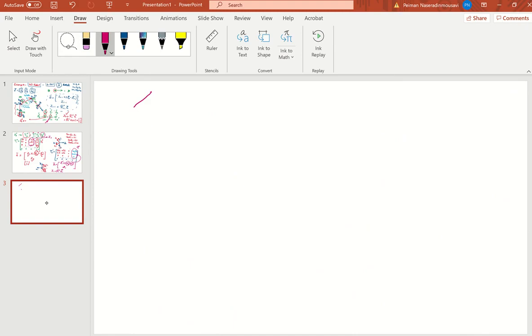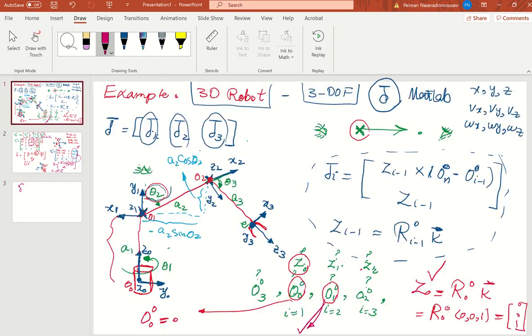Let's see. This is x2, y2, and z2 is inside the page, obviously, right? And then I'm plotting this z3 and x3. That's right.